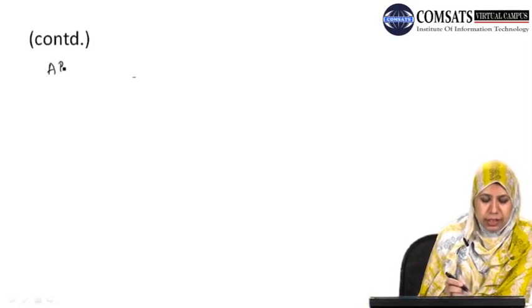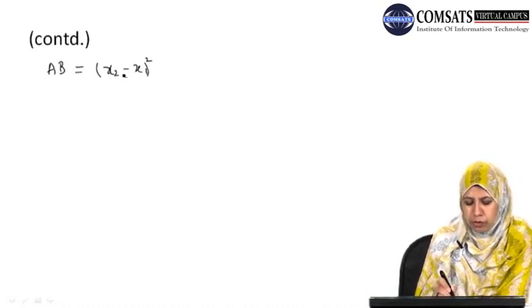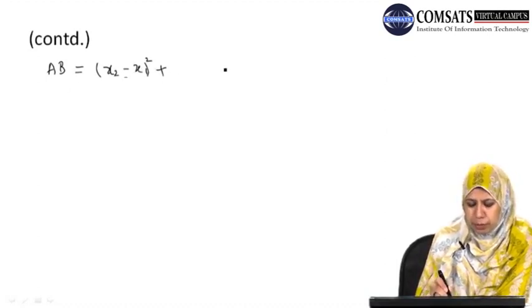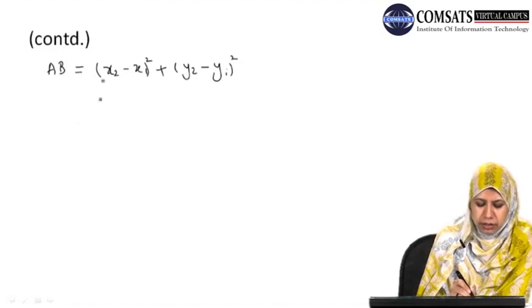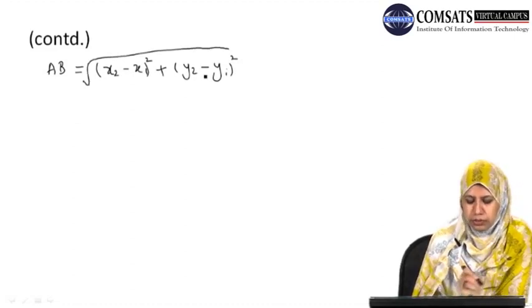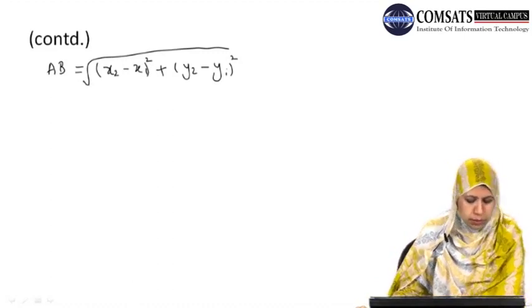AB, the length of the line segment joining the points A and B, will be equal to the square root of (x2 minus x1) square, the square of the base, plus the square of the perpendicular, which was (y2 minus y1) square, which is equal to the length of our line segment AB.